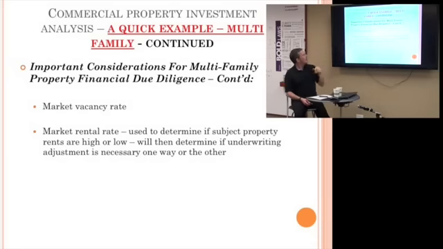If your property is historically 5% vacant over time, with tenants coming and going a little bit, then you look at the market, and if the market's 3%, you might have a little bit of room in there, about 2% where maybe there's some value.